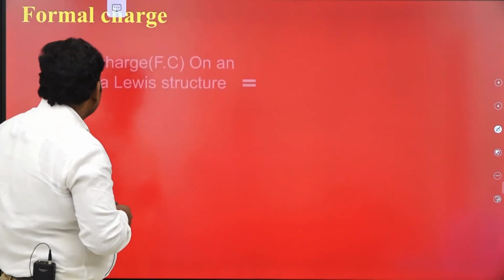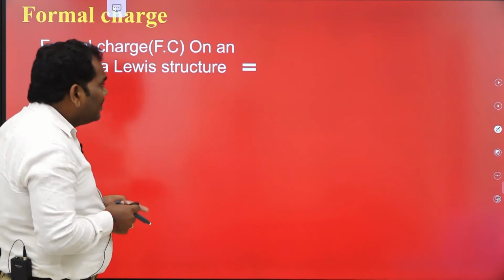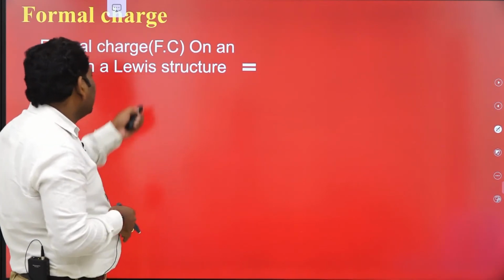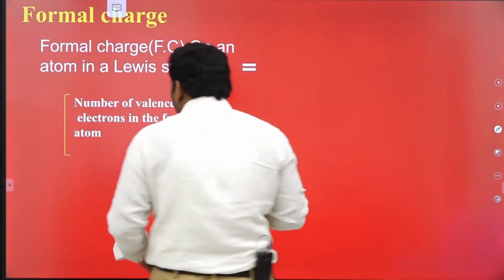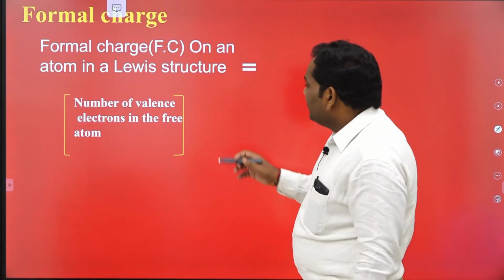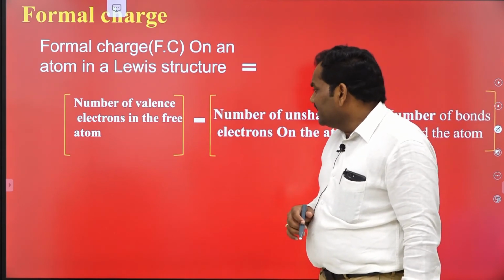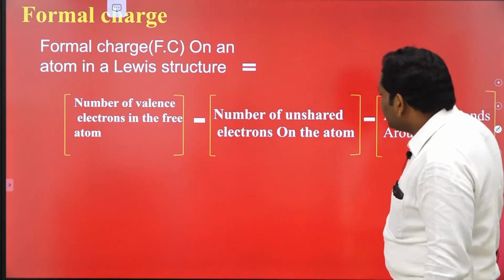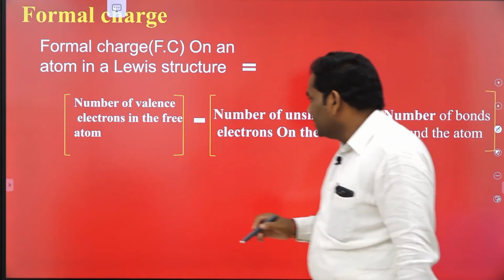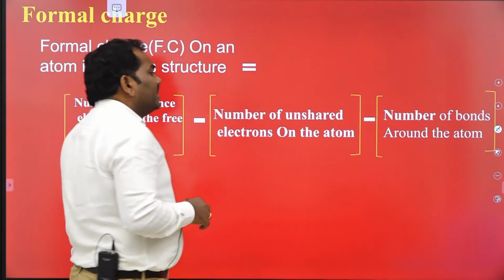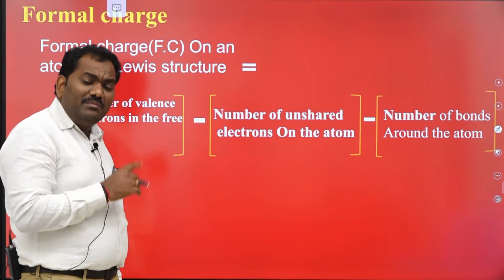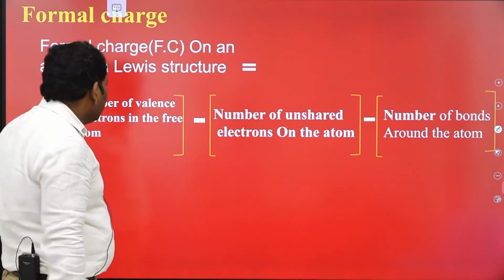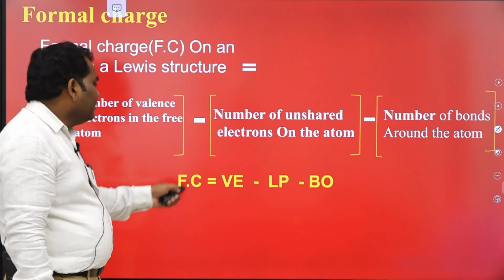And the formula for formal charge, Fc, is the number of valence electrons of the atom in the free state, minus the number of unshared electrons on that atom, minus the number of bonds around the atom in the molecule. The formula is Fc equals V minus Lp minus BO.